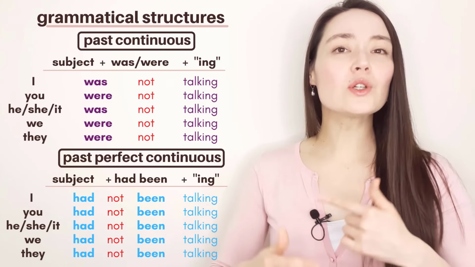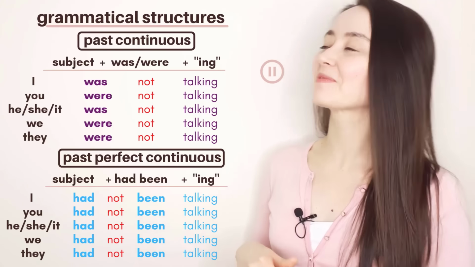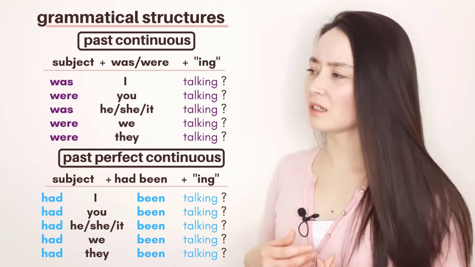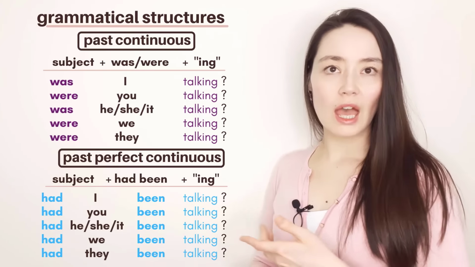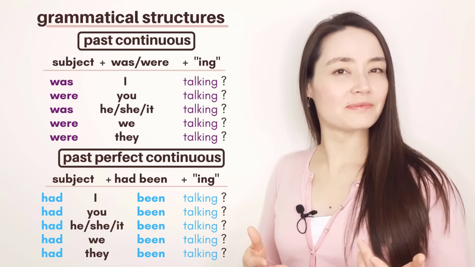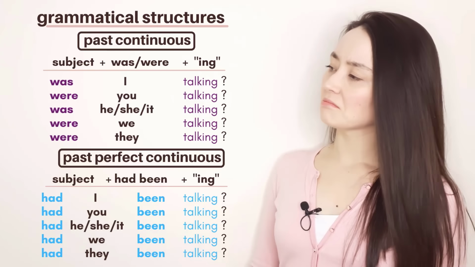And if I'm going too quickly, you can always pause the video to look at those structures. Was I talking? Were you talking? Had she been talking? Had they been talking? So now the grammatical structures are clear.